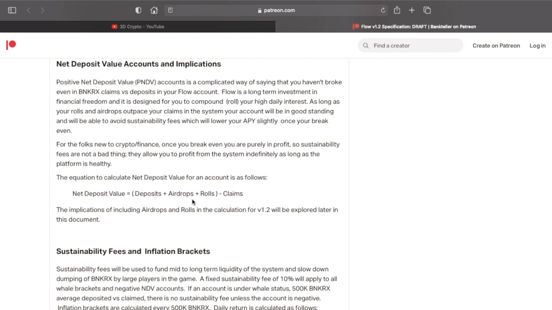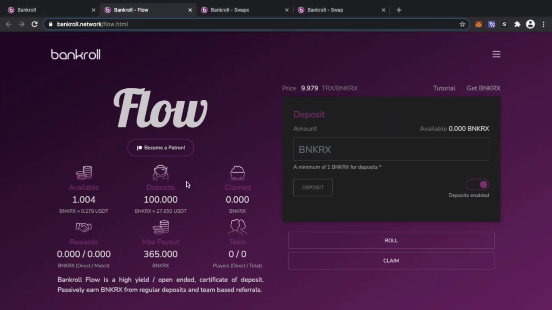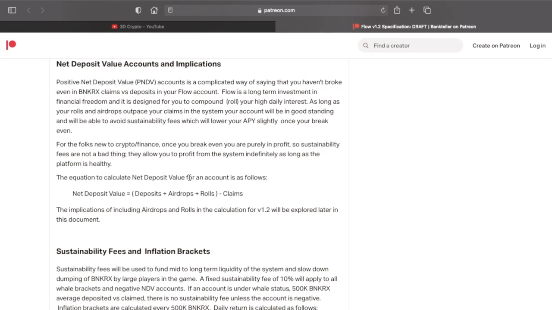The airdrop section of it is really good for team leads, because before, anytime you did an airdrop, it actually impacted your account to become more net negative, because an airdrop basically meant that you had to claim and then do the airdrop. So it didn't help your account in any way. That's going to change in version 1.2. The implications of including airdrops and roles in version 1.2 have still got to be elaborated, so the finer details are still to be elaborated.